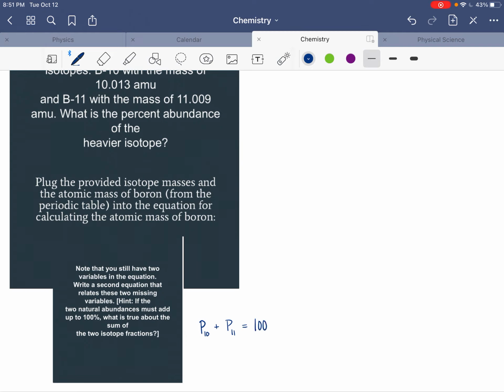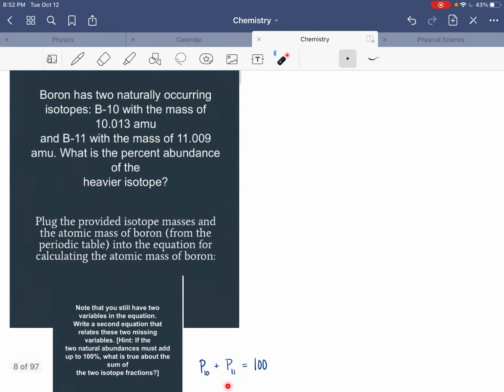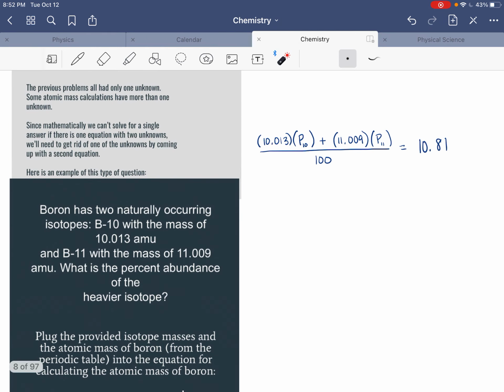Okay, and so because I know that, I can then use that to plug into my equation. All right, so I want to know what the abundance is of the heavier isotope. So I want to have just in this equation, just the P11. So I need to find something or rearrange this equation down here in order to plug in to the P10 so that I only have P11 as my only unknown.